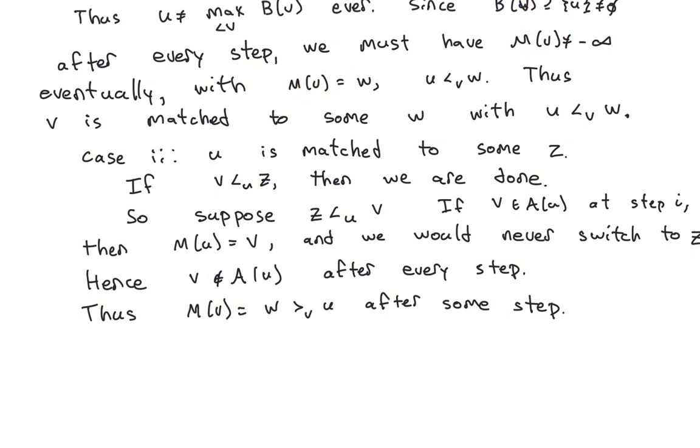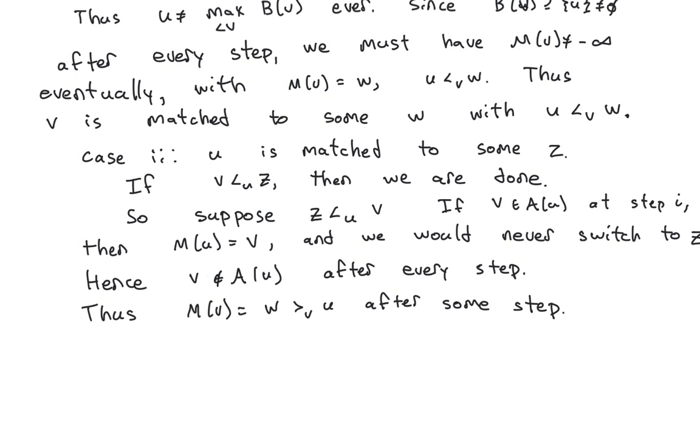We'll call it W for now. And V preferred W to U. Now, the first conclusion you could draw is that then V must be matched to this W. It's possible, based on how the algorithm works, that later V matched to something else. So to make this argument precise, you let W be the last vertex at which the value of M of V changed. All right, so that covers case 1.